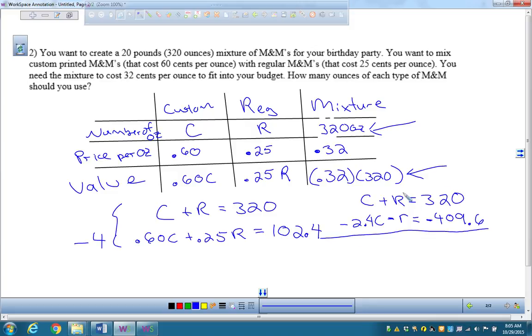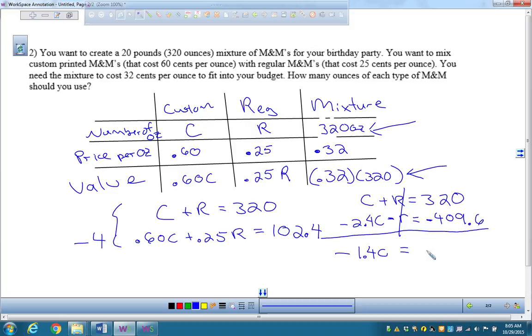Okay? And then I'm going to add them together. I'm going to end up with a negative number, but that's okay because I'm going to have a negative number over here. So this plus this gives you negative 1.4. Is that right? 1 plus negative 2.4 gives you negative 1.4C. And negative this plus negative this gives you what?